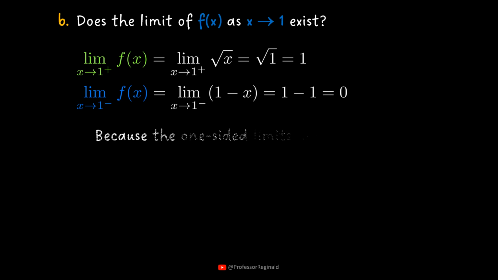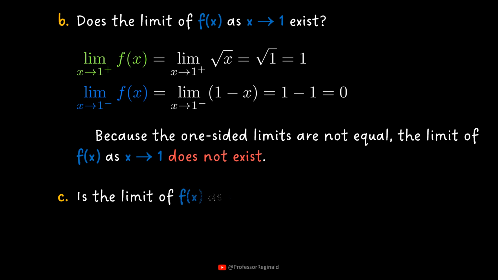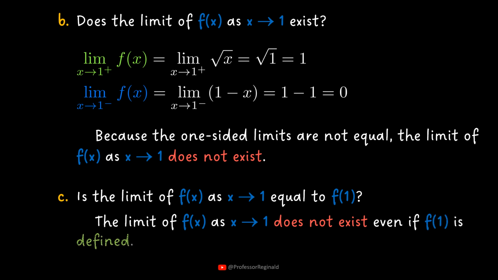Because the one-sided limits are not equal, the limit of f of x, as x approaches 1, does not exist. C. Is the limit of f of x, as x approaches 1, equal to f of 1? The limit of f of x, as x approaches 1, does not exist, even if f of 1 is defined.